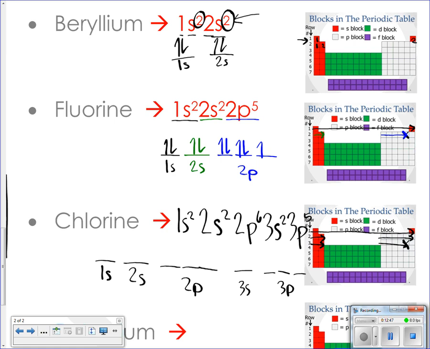So in the 1s we have 2 electrons, in the 2s we have 2 electrons, in the 2p we have 1, 2, 3, 4, 5, 6. In the 3s there are 2 electrons, in the 3p there are 1, 2, 3, 4, 5 electrons.